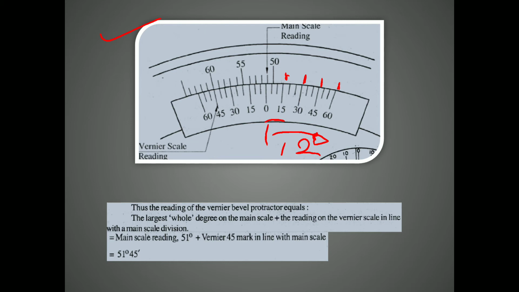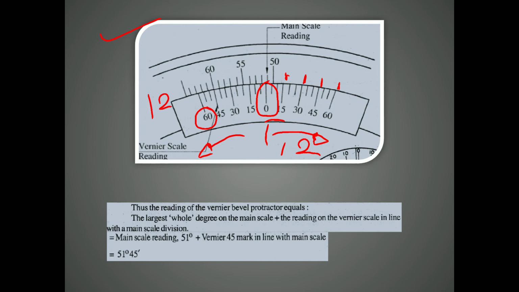While taking the least count, you have to take the reading from this 0 in the clockwise direction as well as the anti-clockwise direction. Here also you can see from 0 to 60 there are 12 lines, and the final reading is 60.